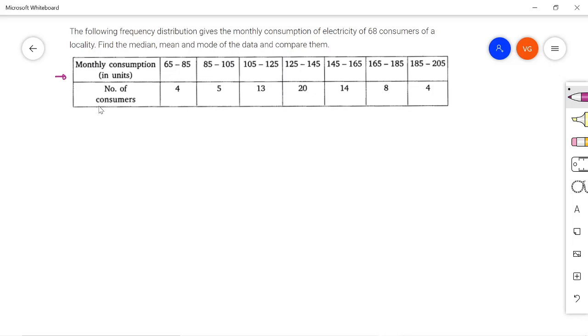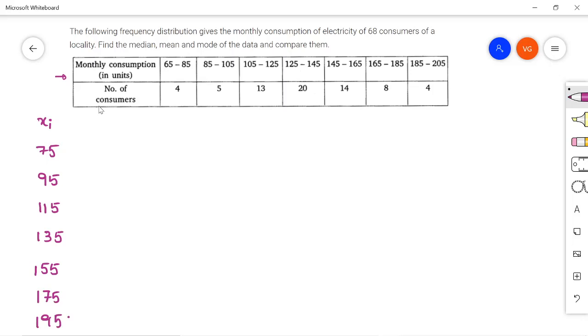Here you are given the class intervals. So I am taking the class mark, that is the average, of 65 and 85. It will be 75, then 95, 115, then 125 and 145, 135, 155, then you will have 175 and then 195, right?